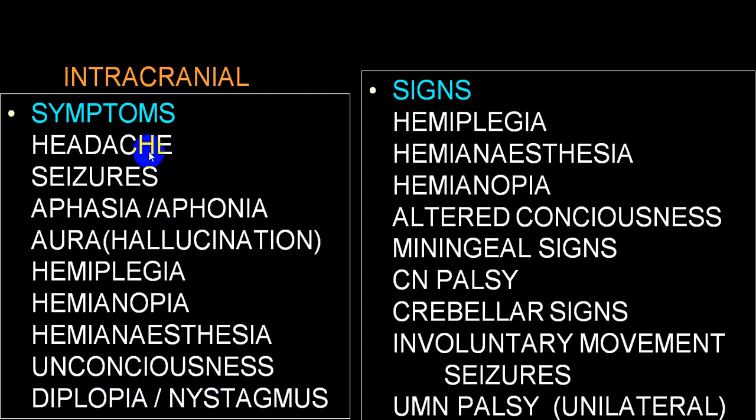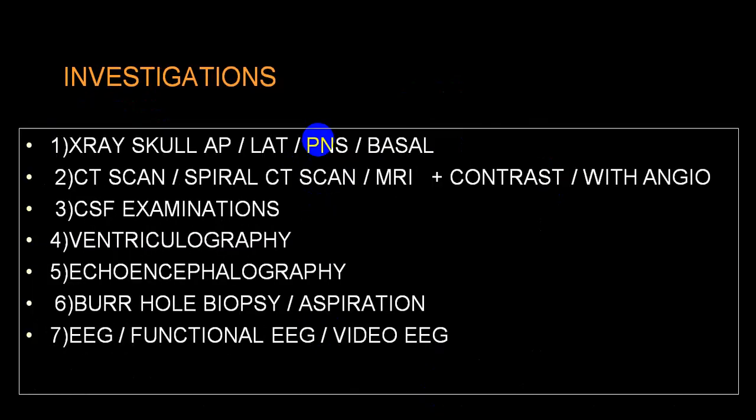All this suggests there is damage to either cerebral hemisphere or brainstem or cerebellum. This is definitely in favor of intracranial pathology. So whenever you get such symptoms and signs, it will be more in favor of intracranial.